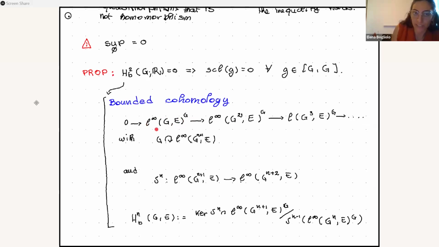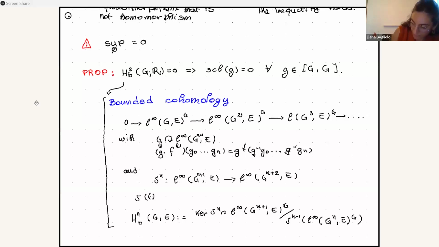So we consider these L infinity spaces, and the action is the same as usual. So if g is in G and f is in L infinity, the action is going to be this one: g f of g0, ..., gn equals f of g^-1 g0, ..., g^-1 gn. And the boundary operator is also the same one.